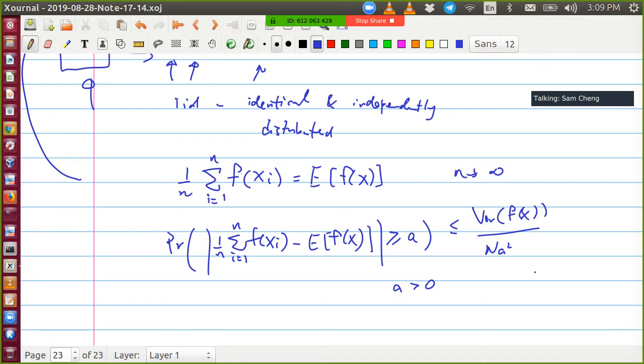As you can see, if n goes to infinity, this goes to 0, so this probability goes to 0. That was the strong law; this is the weak law of large numbers. We'll spend a little time showing this weak law.